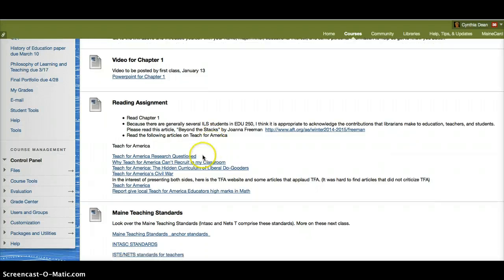And then below are several articles about Teach for America. I'd like you to look at those in terms of, as we move forward, what that means. And I'm going to put a little bit of a video, a little audio here about why I'm asking you to read these. But it's important that we understand the alternate ways of certification that are out there and their affordances and constraints.